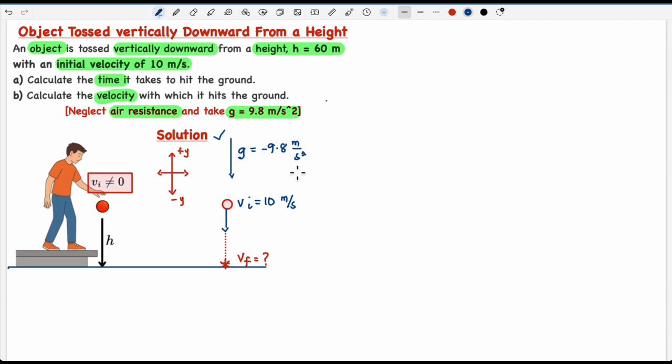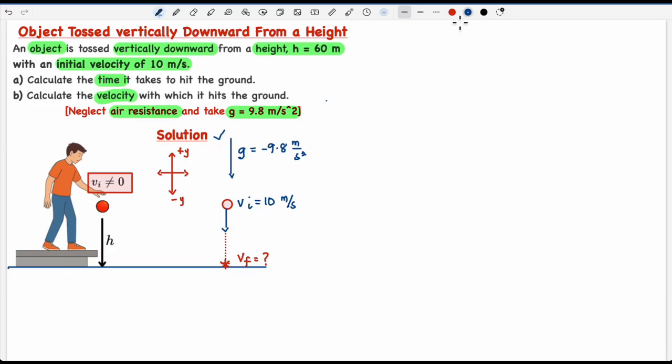Remember, when we talk about vectors such as displacement, velocity, and acceleration, we need to specify both the magnitude and the direction. So the direction being the negative sign just tells us that the vector is pointing downwards, and any positive vector is going to point upwards per our coordinate system.